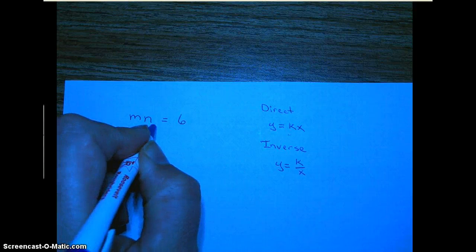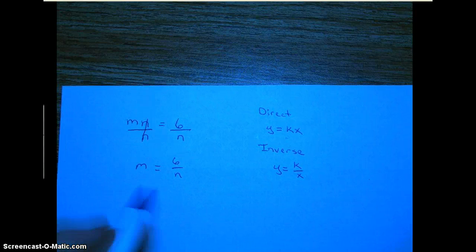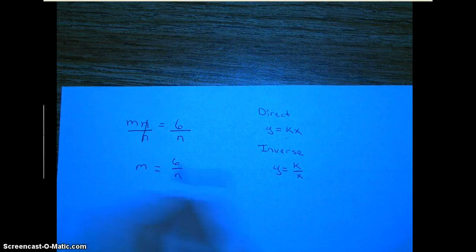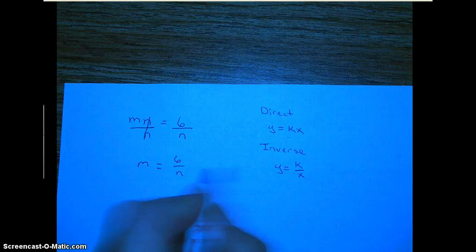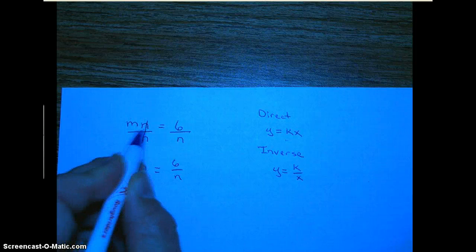Let's go ahead and solve for m. If I solve for m, I'm going to divide by n. So we have m equals 6 over n. What does that look like? That's right. It looks like the inverse variation. It is an inverse variation. At first glance, you may have thought it was direct because of the multiplying.